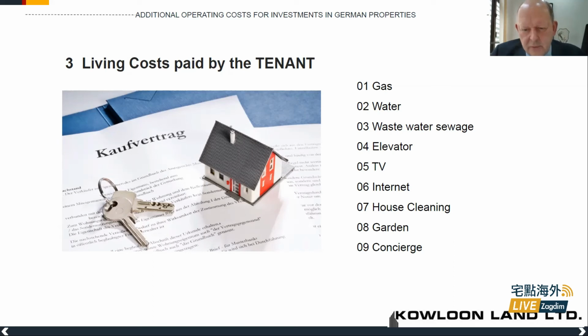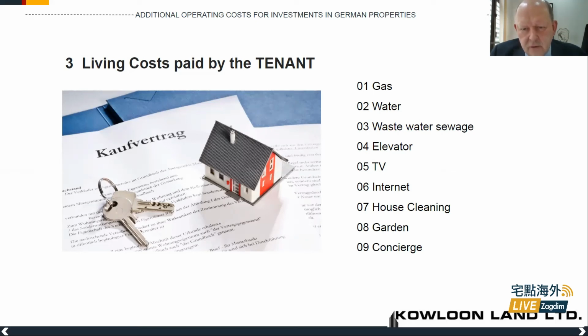Sometimes it is a little bit stressful in houses with more tenants, because tenants sometimes have the feeling they have to save money and start the house cleaning on their own, but that brings only stress and anger in the house, and at last the property manager is not interested in doing it by themselves and orders a better company to do it. Then also the costs for the garden, if any, and the costs for the concierge.